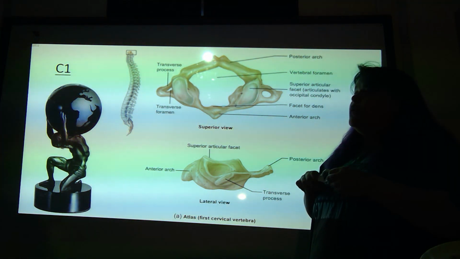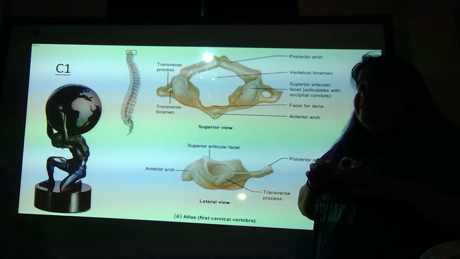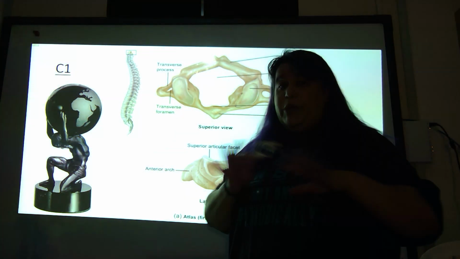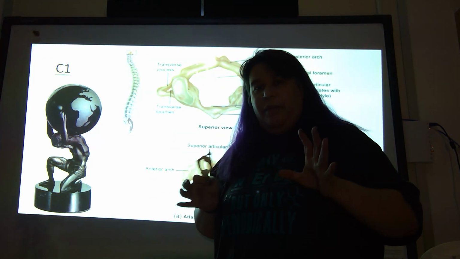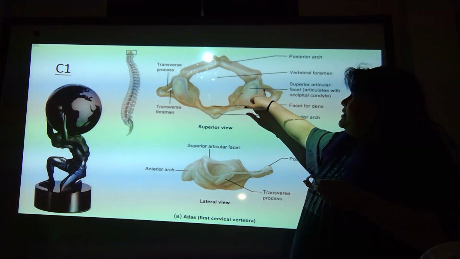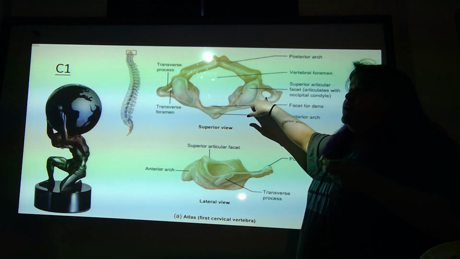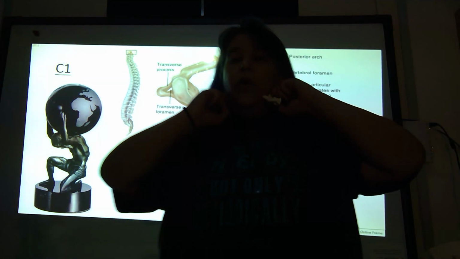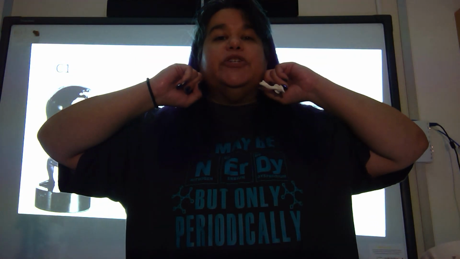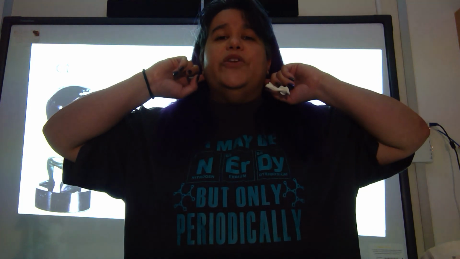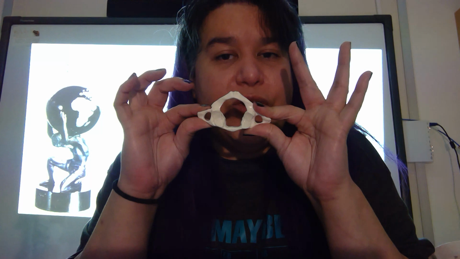Something else with any cervical vertebra that is very unique that the other vertebra don't have. Thoracic doesn't have it, lumbar doesn't have it. They've got these little holes here, these transverse foramen. These are the holes that blood vessels use to get up to your brain, or the other blood vessels use to get away from your brain, or the nerves use to travel up and down from your brain. So these are only in your neck, and your cervical make your neck.